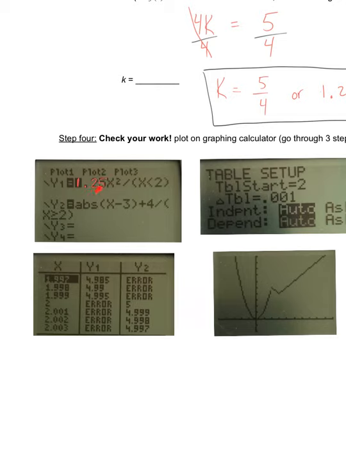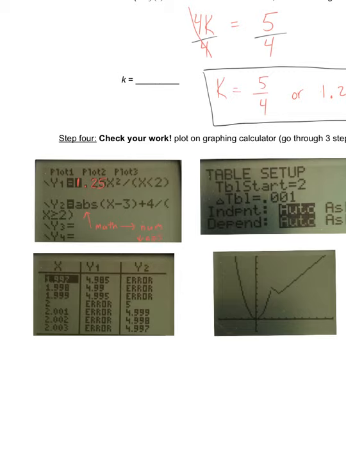And we graph the piecewise function, 1.25 x squared, division, parentheses, x is less than 2, and then we put in our second branch, absolute value of x minus 3 plus 4, division, parentheses, x is greater than or equal to 2. To get to absolute value, you guys, you just hit math, and then you arrow over to number, and it'll be right down below ABS.